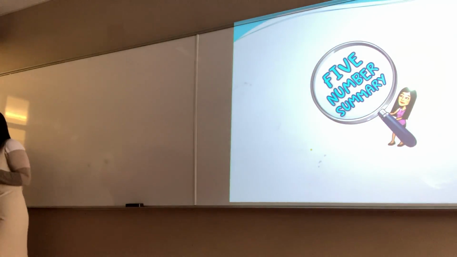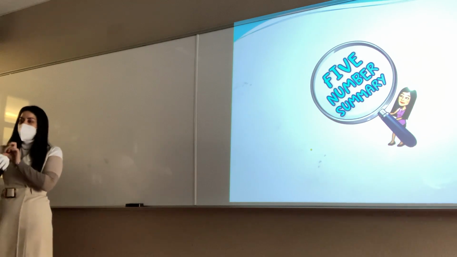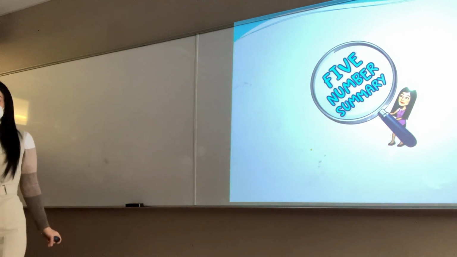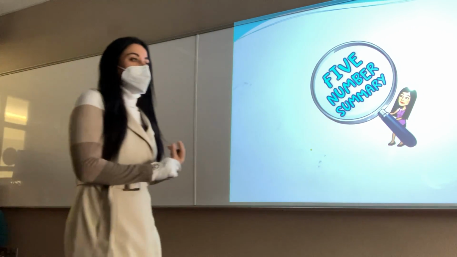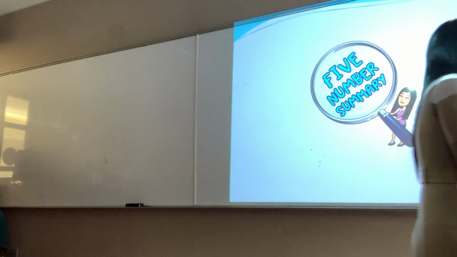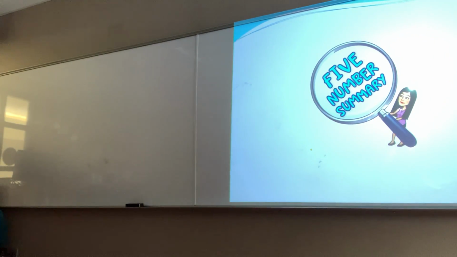Okay, so now we are going to talk about the 5-number summary. We talked about measures of center like mean and median. We talked about quartiles that are measures of variability. We are going to get the benefit of median, and we are going to use quartiles.